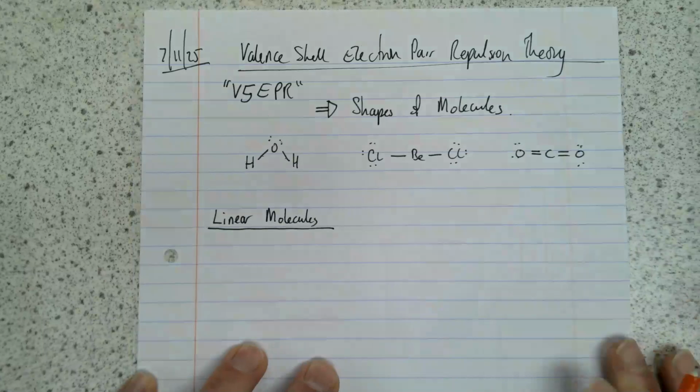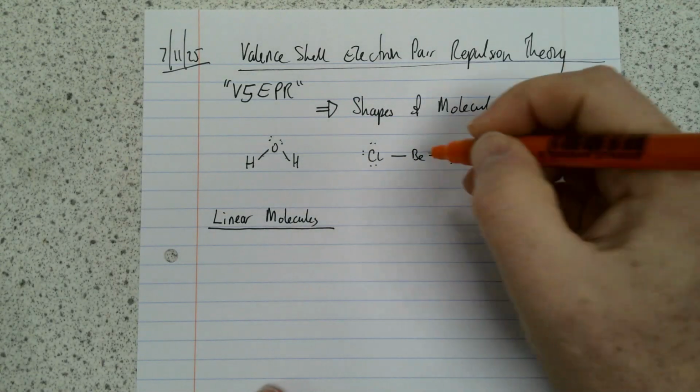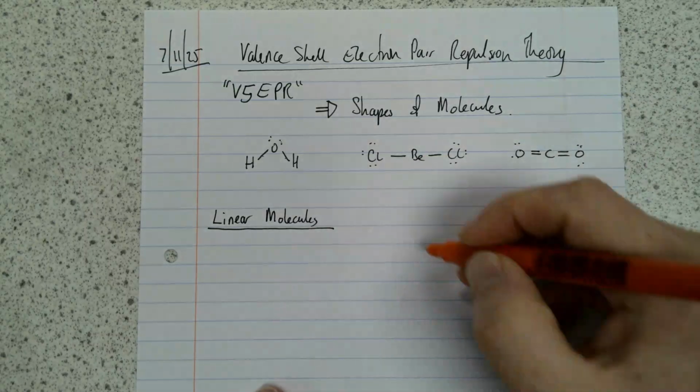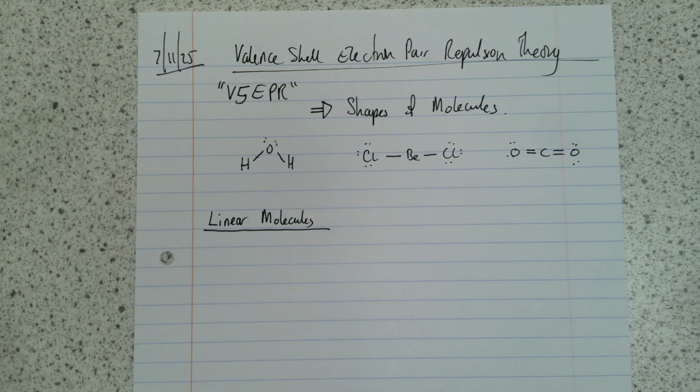And the example we're going to use for linear molecules is the one I've just done above, which is beryllium dichloride. So as I go through this talk, I'll identify for you some rules of the game that we need to know, but I'll do it bit by bit as we go along.